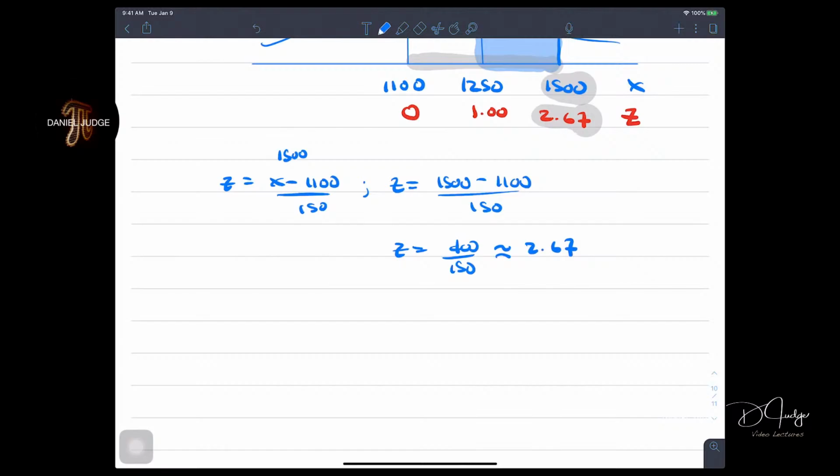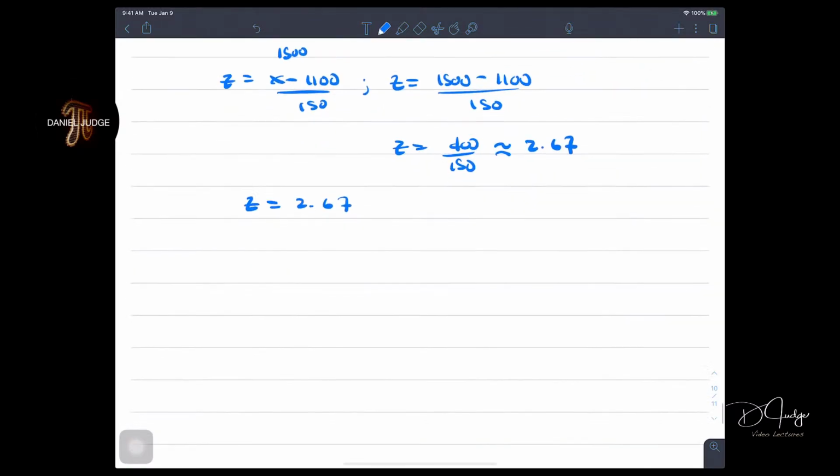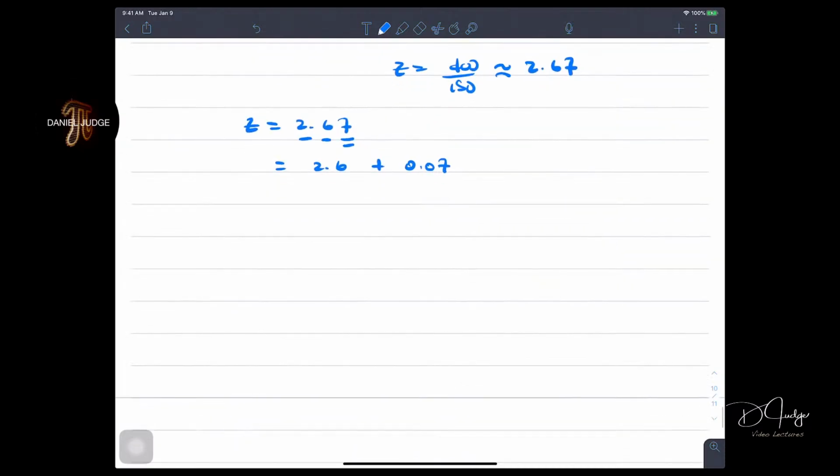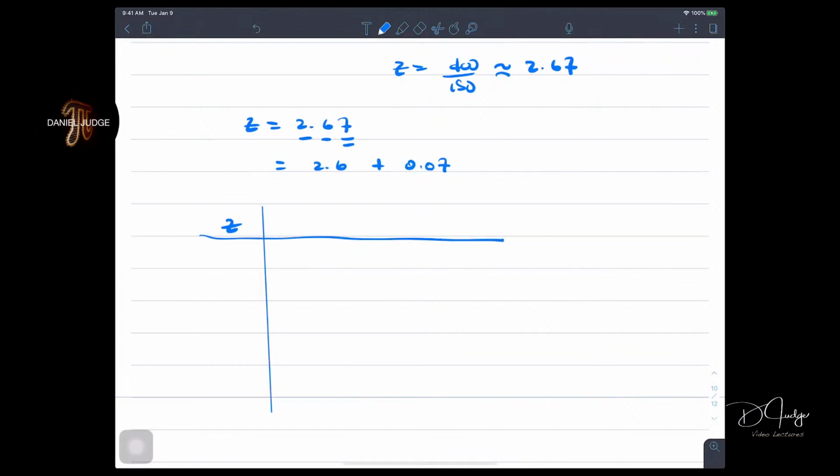So 2.67, we need to look at that as a Z value. We need to use the row and column again. We got to use the table. So this is going to be the 2.6 row plus the 0.07 column. So here's the Z table. And you have 2.6 row, 0.07 column.